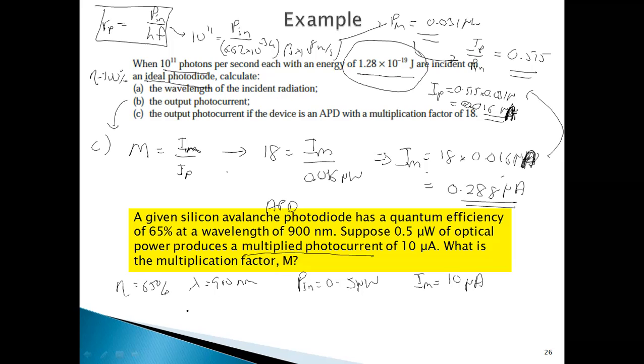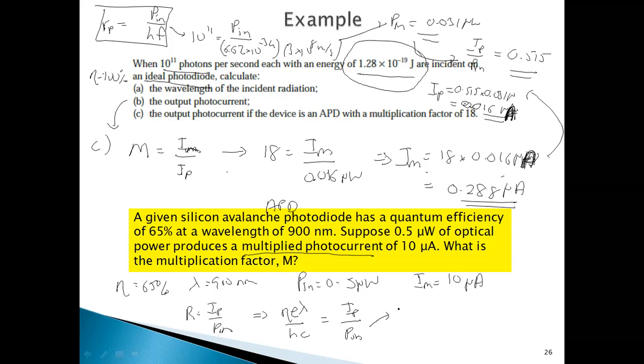We have the equation R equals IP over P in, where IP is the normal photocurrent without any process of multiplication or avalanche, normal without internal gain. So R is calculated using the equation eta multiplied by e multiplied by lambda over hc, and this will be equal to IP, to be obtained, divided by P in, which is given to be 0.5 microwatt.